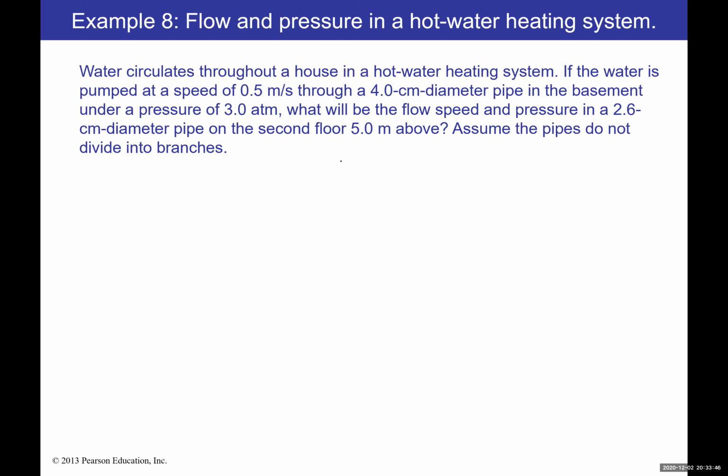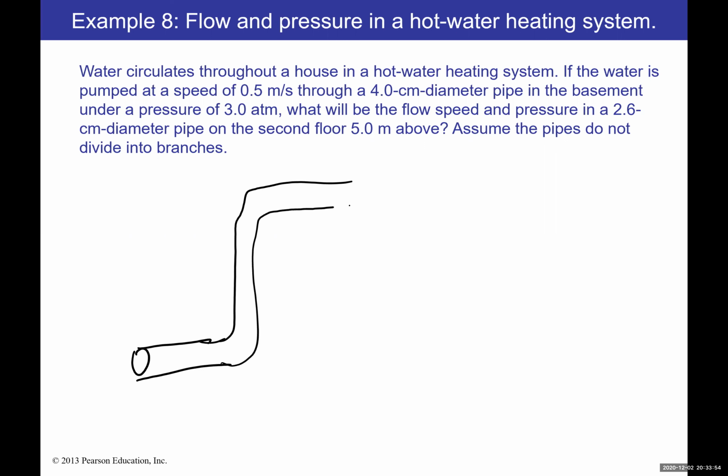I guess you can think of this as the basement, and then this goes to the second floor. We're going to take the basement to be our point 1, so this is y1.